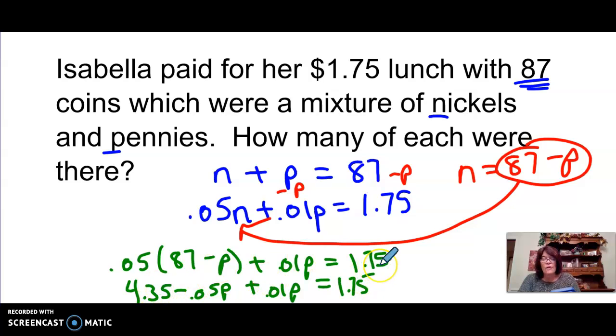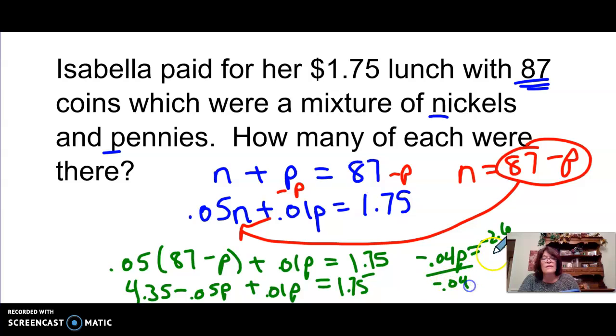I'll subtract 435 from my 175, and I'll add these together, giving me negative 0.04 P, right? Negative 0.05 plus 0.01, okay, is where I got that. Just combine my P's. I subtracted 435 from 175 and got negative 2.6.